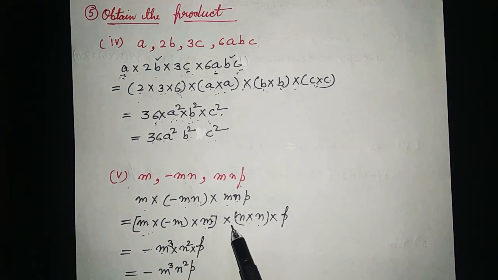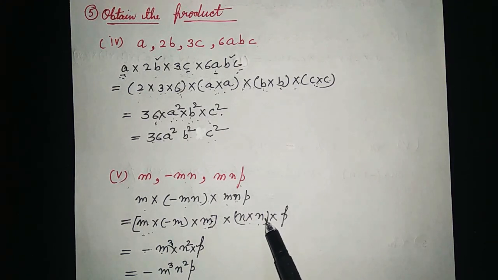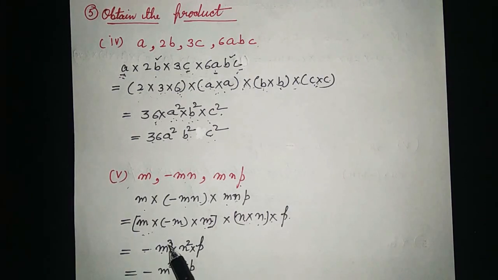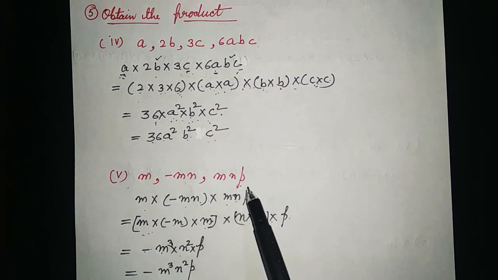Minus. Now n into n, n square into p. Now in this step we get minus m cube into n square into p. So the result of the multiplication is minus m cube n square p.